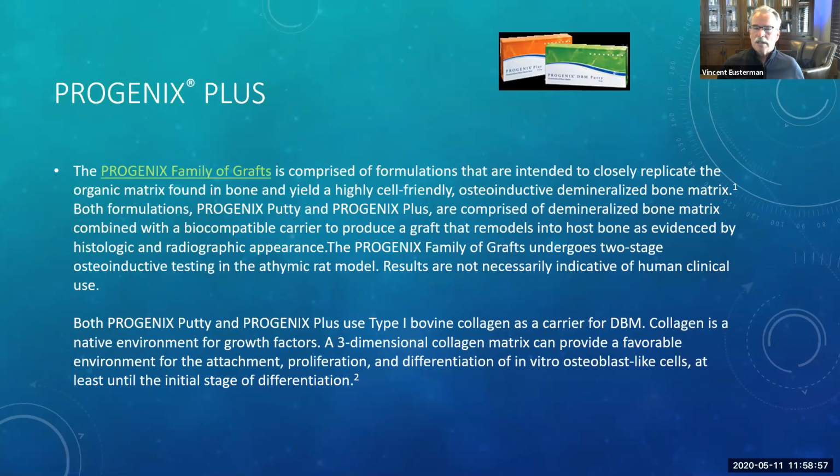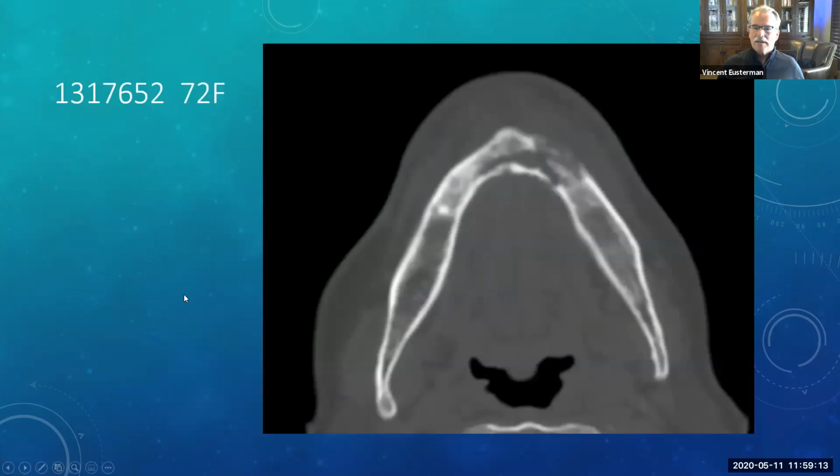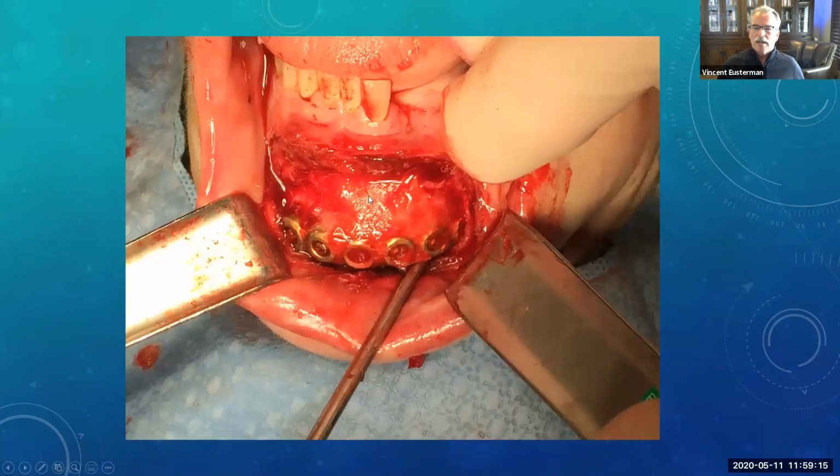And so the concern I have, and our oral surgeons have, and we share the OR with them many times, is that the liquid form that goes into gel foam can leach out. This actually has a wax base to it, and so it's like a putty, and you put it on there, you close the wound as watertight as you can, and for some reason this protects itself and then slowly remodels.